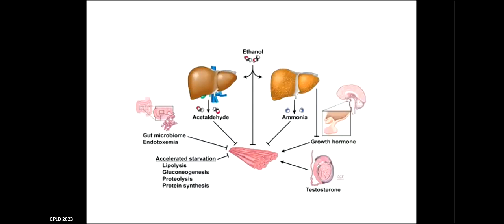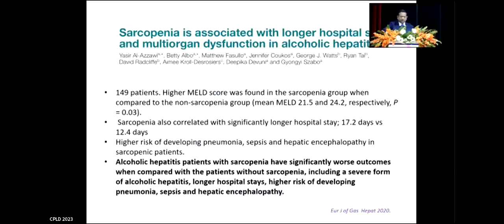This is just to show how alcohol and alcohol-related disease lead to sarcopenia. So you have alcohol, ammonia, decrease in growth hormone, decrease in testosterone, accelerated starvation, and gut microbiome endotoxemia, all leading to muscle loss and sarcopenia.